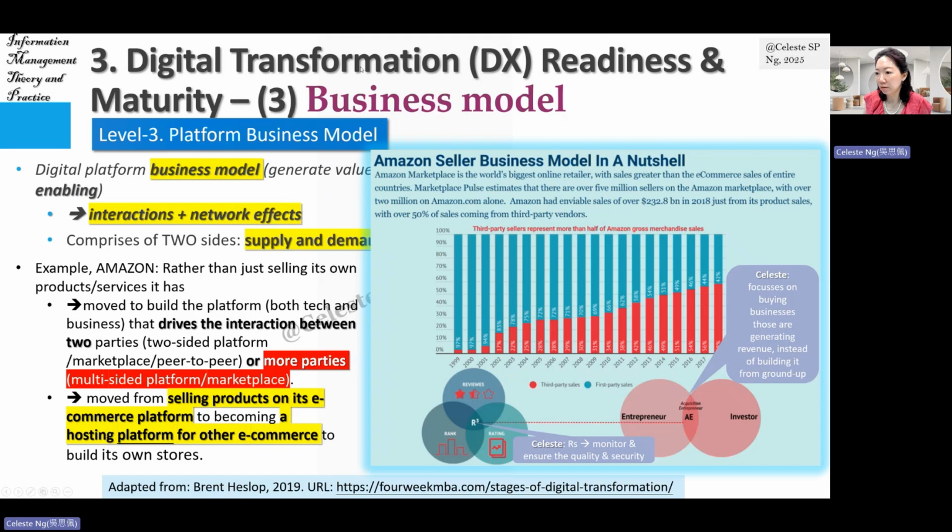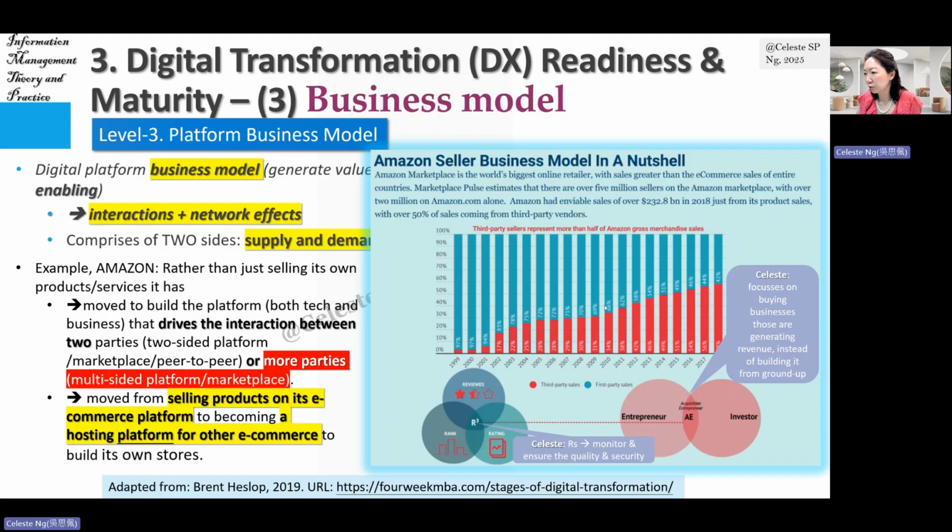And then from this diagram, we can see that the red color is actually the sales coming from the third-party sales. We can see that over the years, the sales revenue generated on the Amazon platform coming from the third parties is growing. It's slowly taking more than 50% of the revenue compared to what Amazon can make by itself, right?